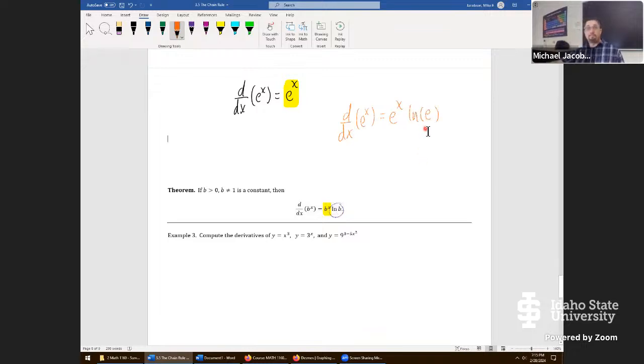The natural log of base e turns into exactly 1. It's kind of a nice feature of the logarithmic functions. The natural logarithm function and the base e exponential are inverse to each other. So that's a cancellation, and it turns into just e to the x. That's how this formula right above here was actually working. It's through this.